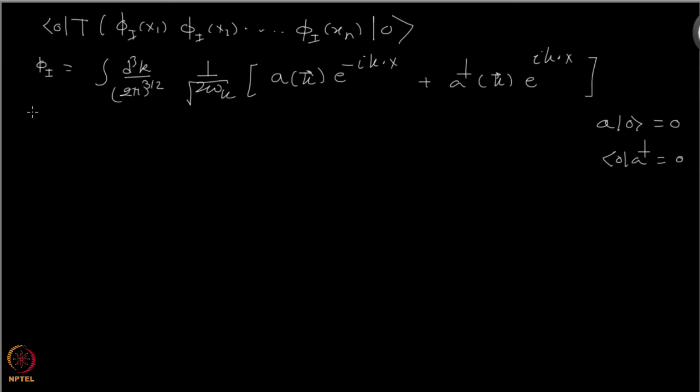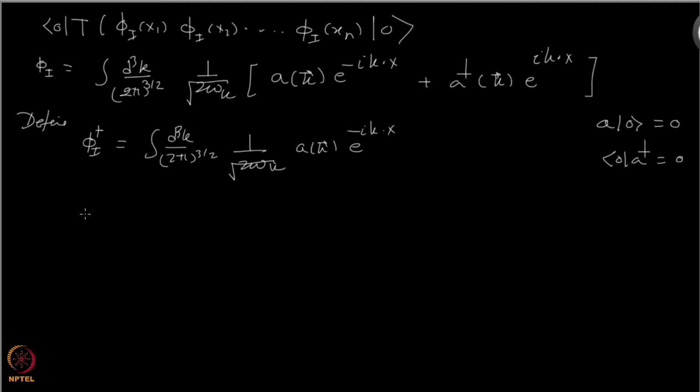So I define phi I plus to be this piece. So you have integral d cube k over (2 pi) to the 3 halves and a k, and phi I minus as d cube k over (2 pi) to the 3 halves 1 over 2 omega k a dagger k e to the i k dot x.